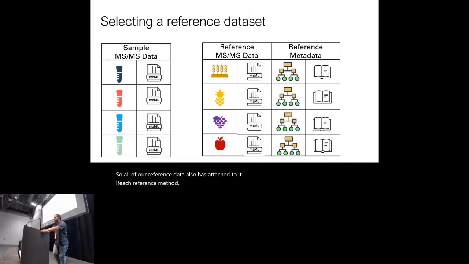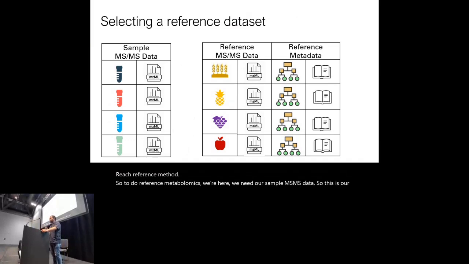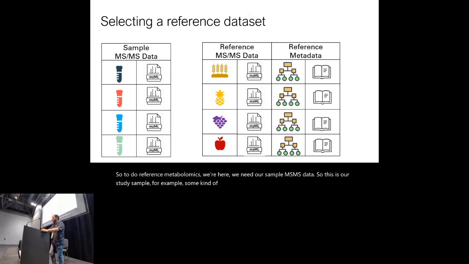So to do reference data-driven metabolomics, we need our sample MSMS data. So this sample, for example, some kind of human stool sample MSMS data, and our known biological reference MSMS data.